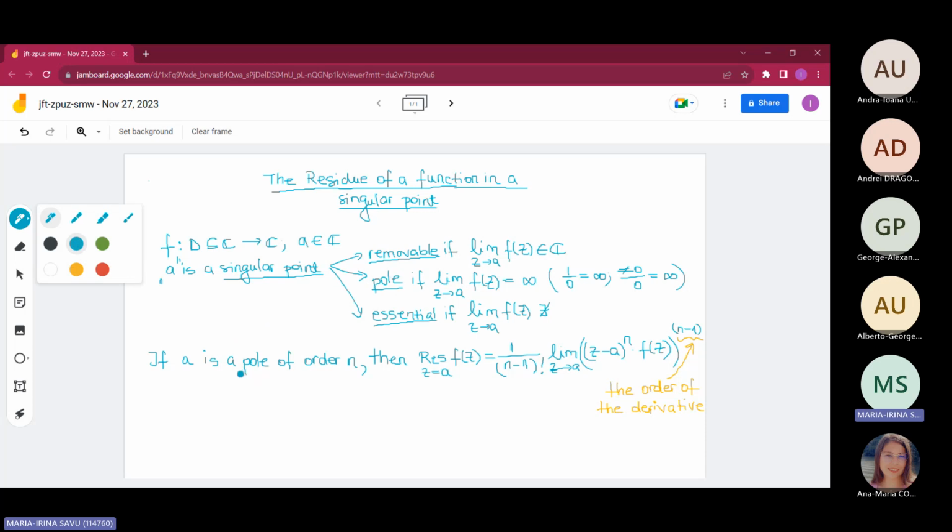We are going to work in the majority of cases with poles, but for a removable point, the residue of that function in that point will be equal to 0.